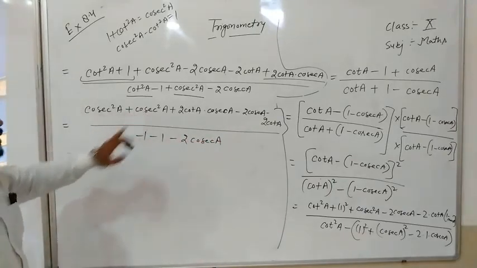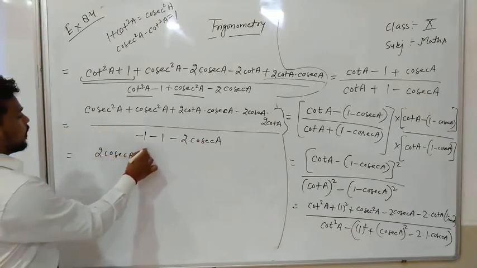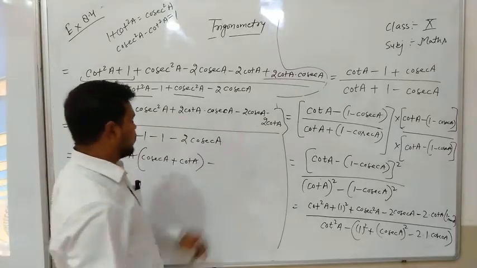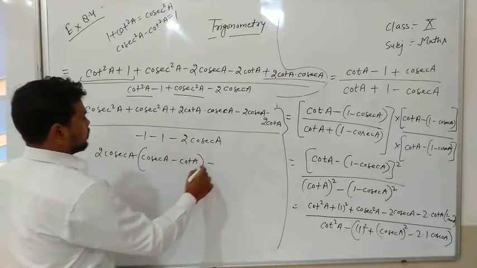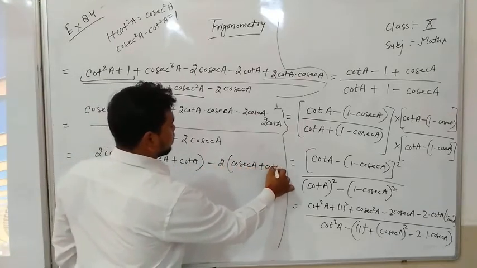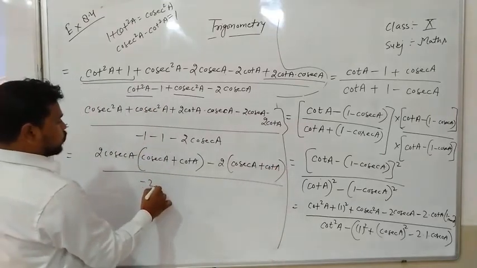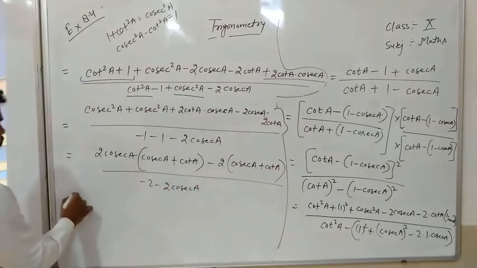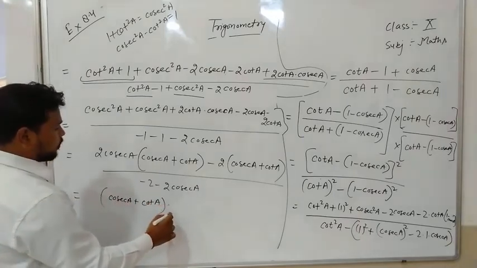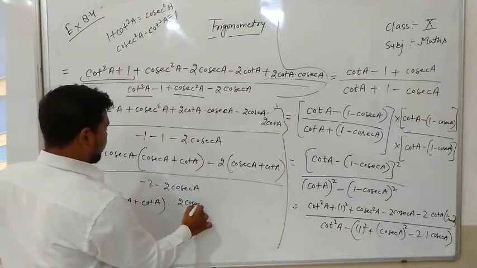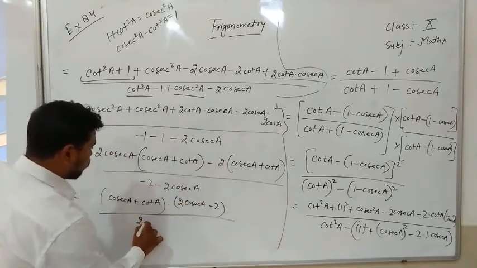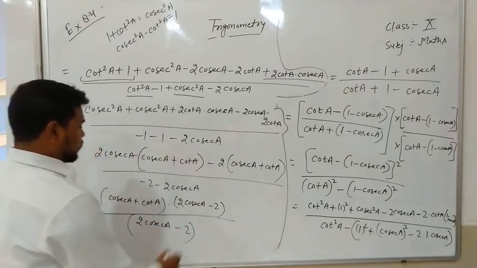Now here it is cosec square A, that is 2 cosec square A, and 2 cosec A will be common, and here it will come cosec A plus cot A minus, we will take 2 common from this side, that is plus cosec A plus cot A. Now in the downward side it will be minus 2 cosec A. So it will be 2 cosec A plus cot A is a common term, and in the downward side 2 cosec A minus 2 is written like this, so it will be cancelled with this one.